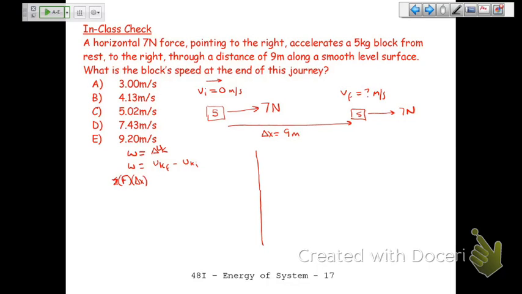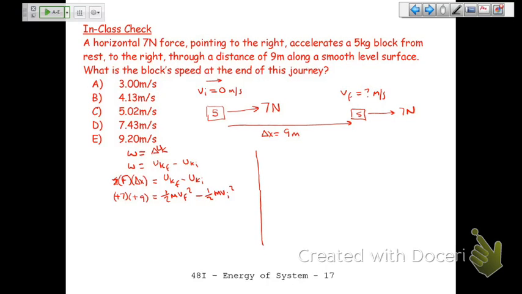I called it d in the previous bit, but we all know what it means. Is equal to UK final minus UK initial. And so I say, well, plus 7, because it's pointing to the right, times plus 9, because it's pointing to the right, is equal to 1/2 m vf squared minus 1/2 m vi squared.